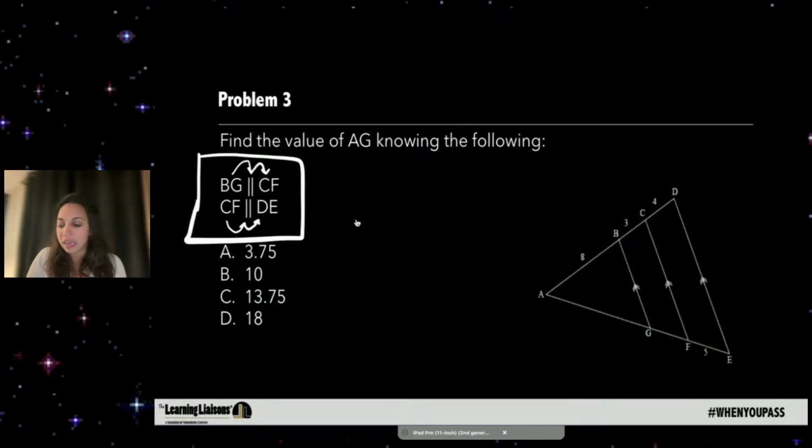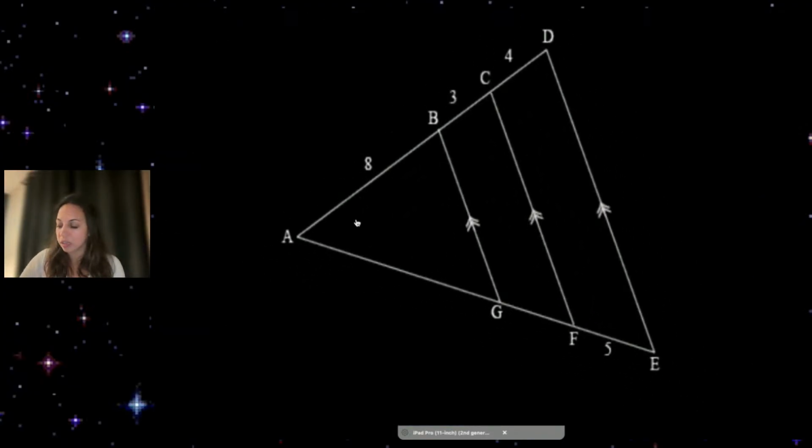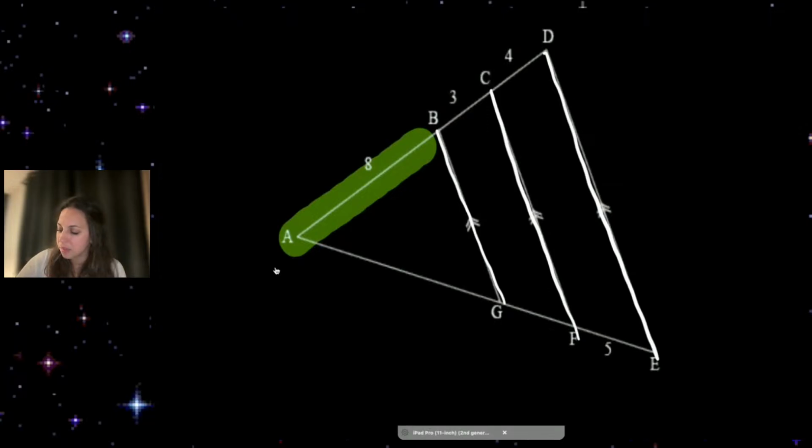I've got to know my notations to be able to solve this problem. I've got this interesting picture that shows a big triangle with parallel lines in the middle. And I've got these lengths: AB is 8, BC is 3, and CD is 4.